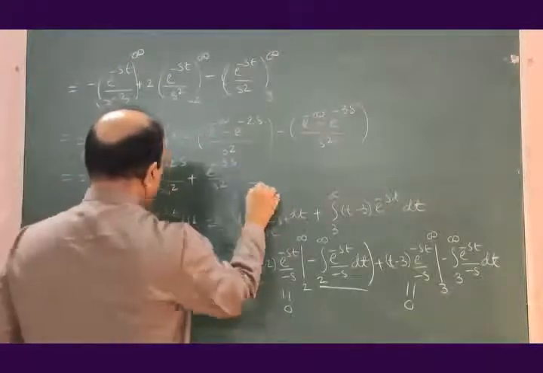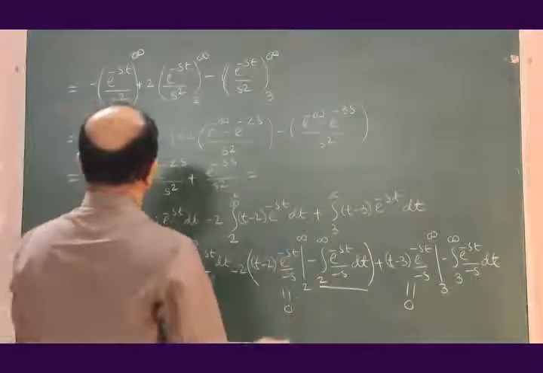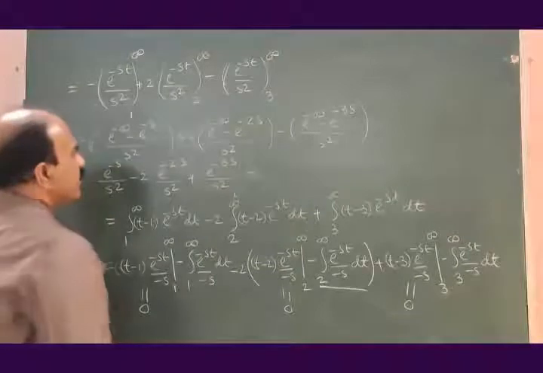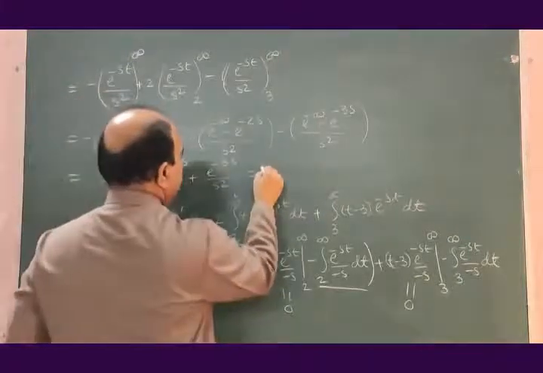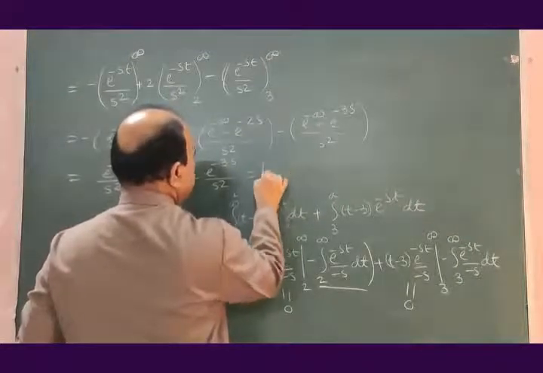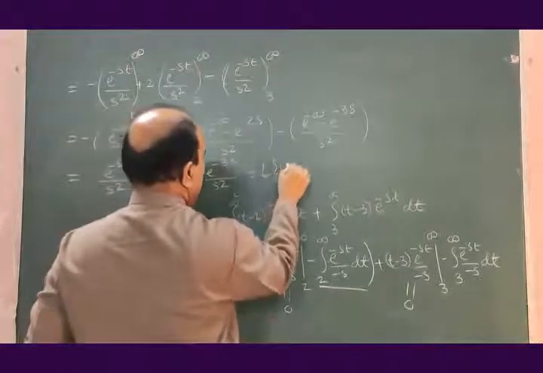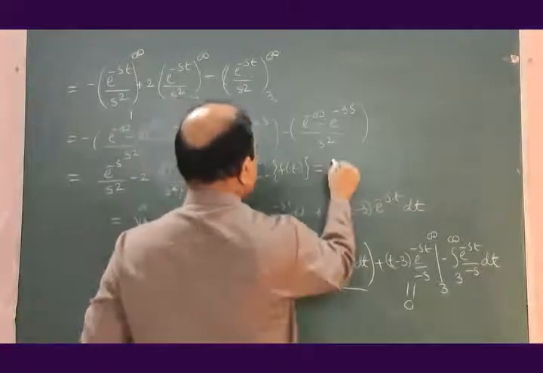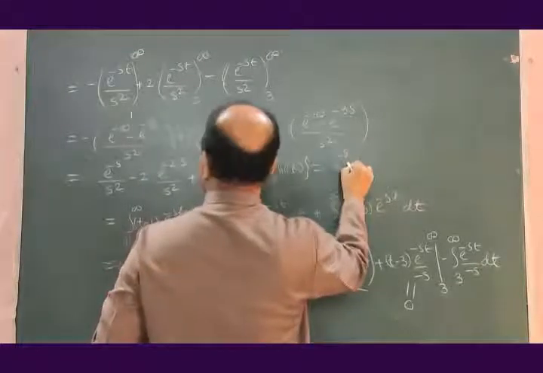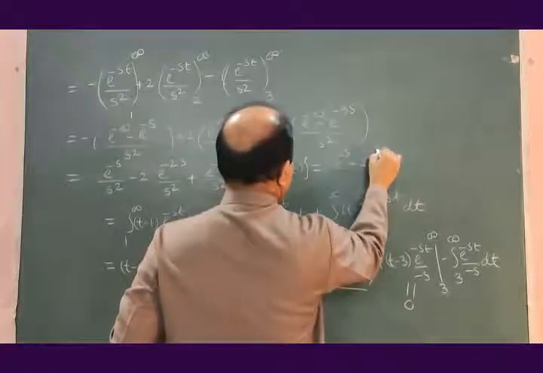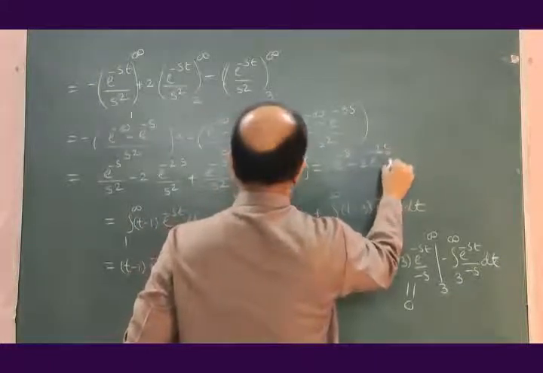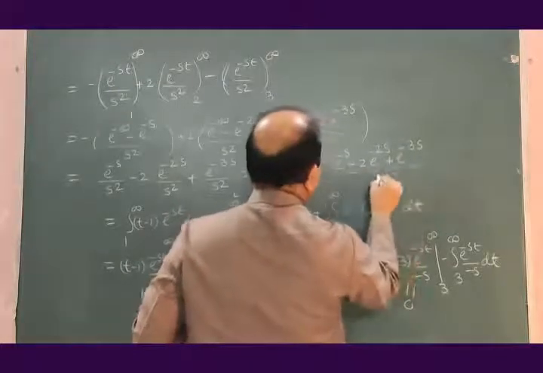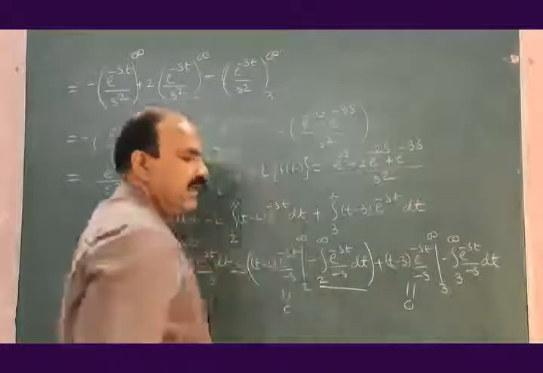This is nothing but, s square is there in the denominator of all the three terms, and so let me put this as L of f of t, that is the Laplace transform of f of t, is equal to e to the power minus s minus 2 e to the power minus 2s plus e to the power minus 3s, whole divided by s square.